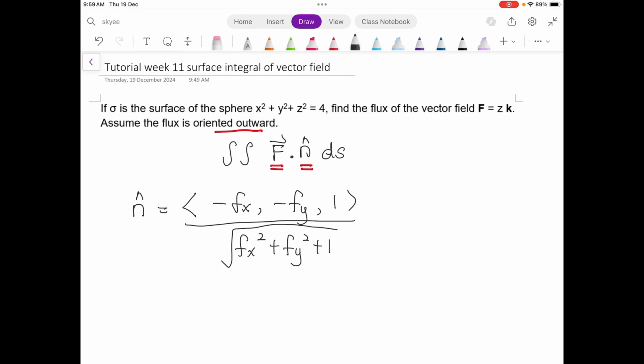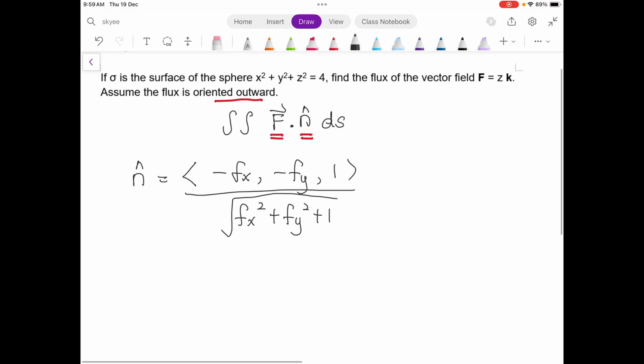First of all, you have to ask yourself what f is, before we are able to perform the differentiation with respect to x and y. So f is the surface that your flux will be coming out from.